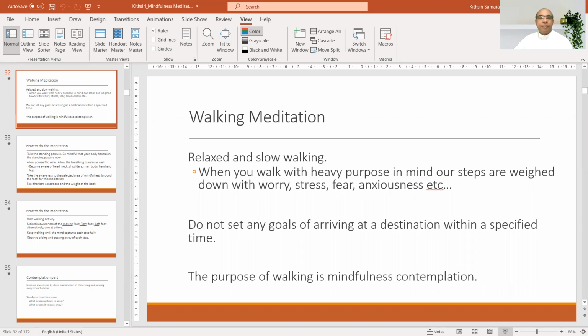So allow the mind to feel the feet, the sensations coming from the bottom of the feet. And also you will feel the weight of the body when you do that. Usually we don't feel the weight of the body while walking. But when you become mindful in that area of the feet, the weight also will be felt. So that is an indication of awareness on the feet.